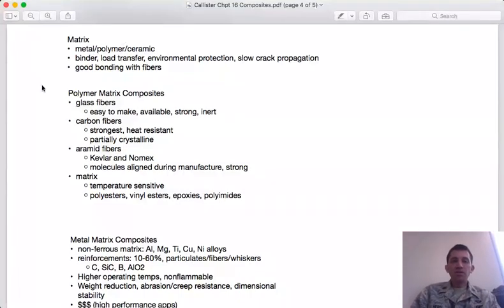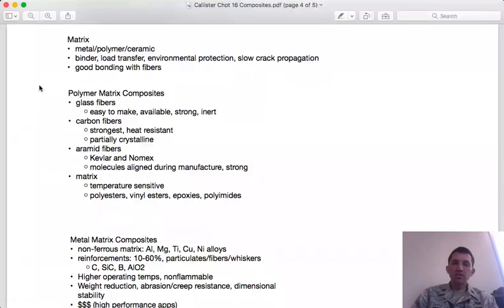But in all cases, the matrix material is there to bind the fibers together, to transfer load from one fiber to the next, to protect the fibers from environmental degradation, and to slow the crack propagation. You may have a crack in any one fiber, but if it needs to move through the matrix material, then that is going to slow that crack propagation and increase the fracture toughness of that composite material.